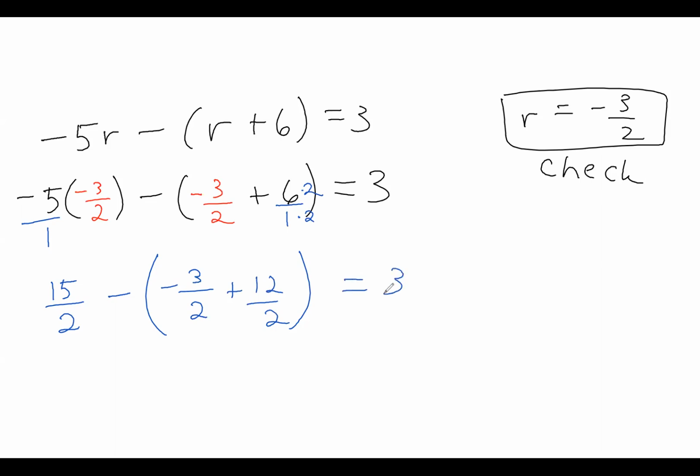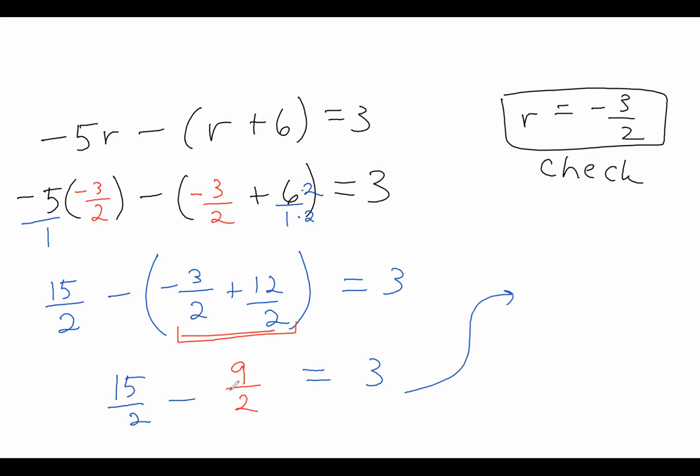All right, keep going. So I'm going to continue to simplify inside the parentheses. Negative 3 over 2 plus 12 over 2, that's equal to 9 over 2. So here's what we have so far. 15 over 2 minus 9 over 2 equals 3. We're a couple steps away. 15 over 2 minus 9 over 2.